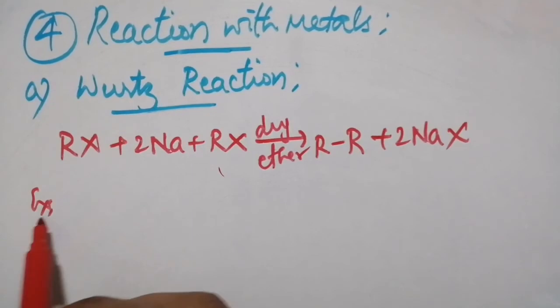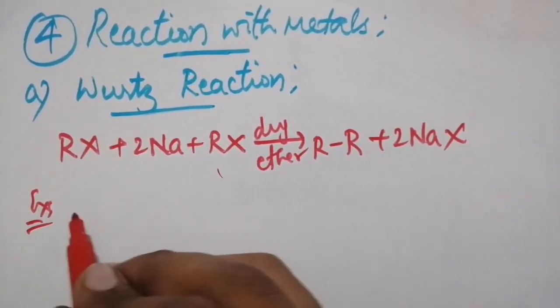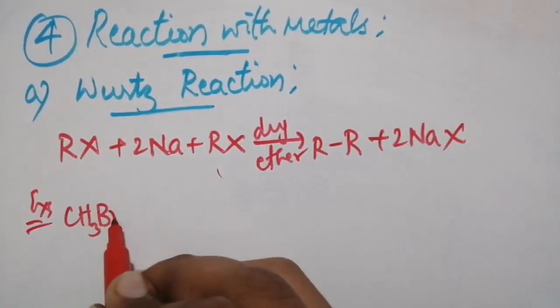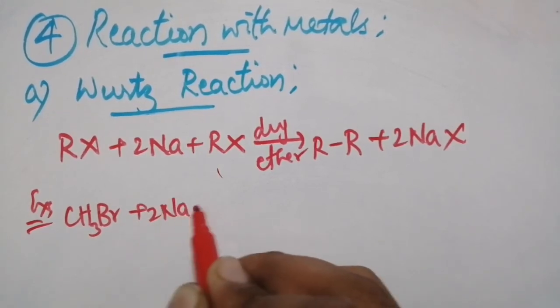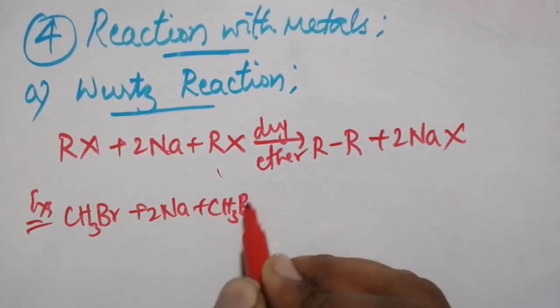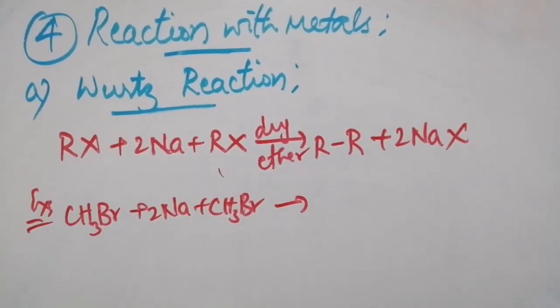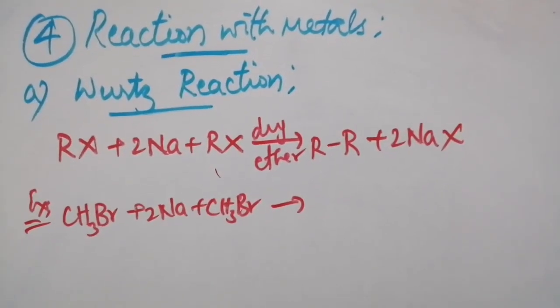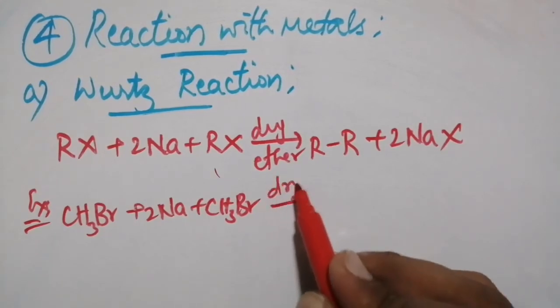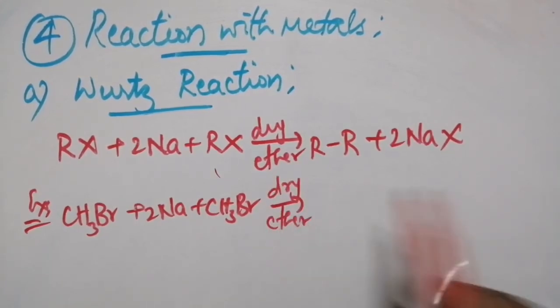For example, to see RX, I am taking CH3Br plus 2Na plus CH3Br, that is methyl bromide, in presence of dry ether.